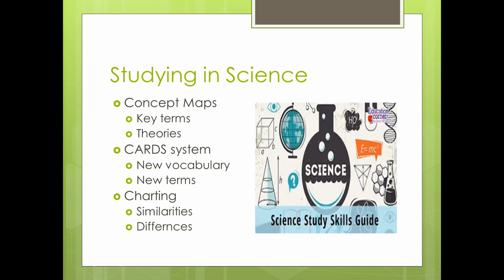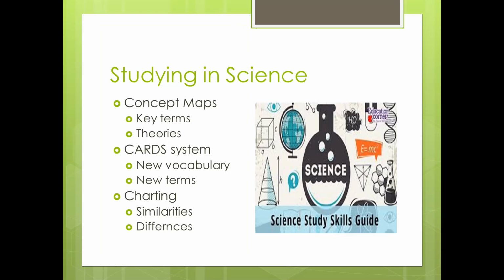The CARDS system, which we've talked about for the last couple of chapters, can be used in mathematics and science too, because you do have the opportunity to inculcate new vocabulary and terms into your arsenal of information. Charting is also a nice technique to use as well.